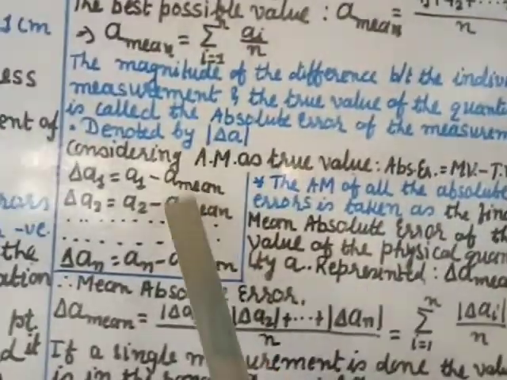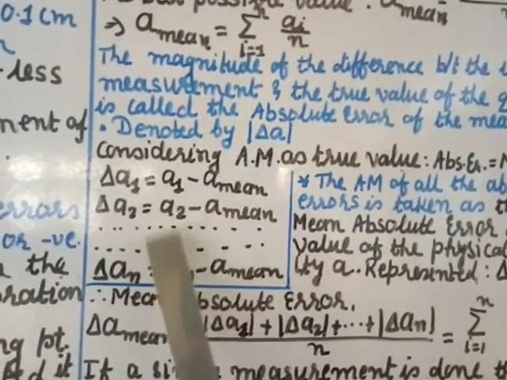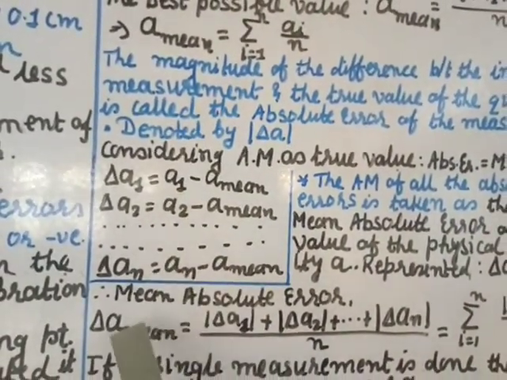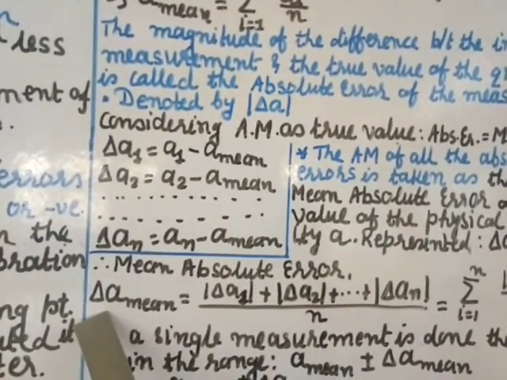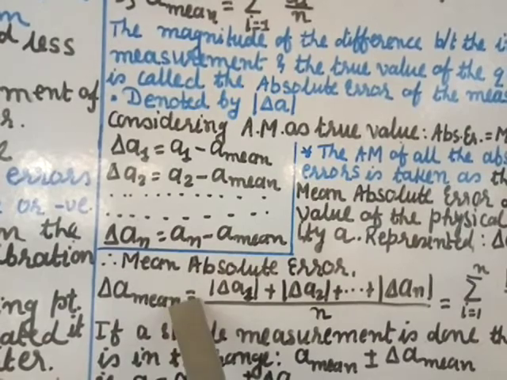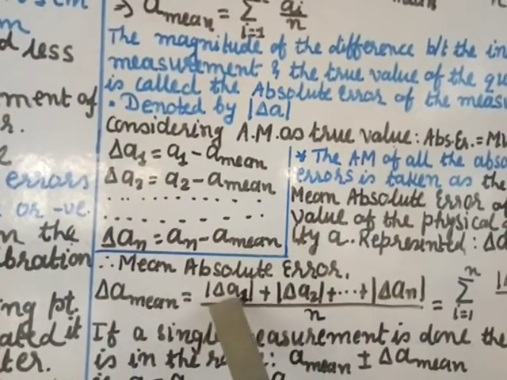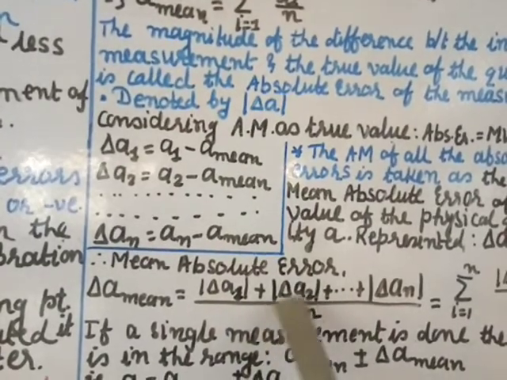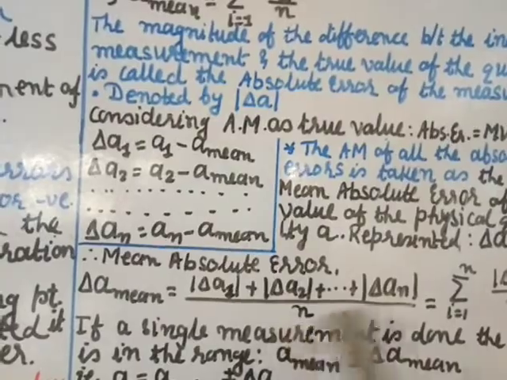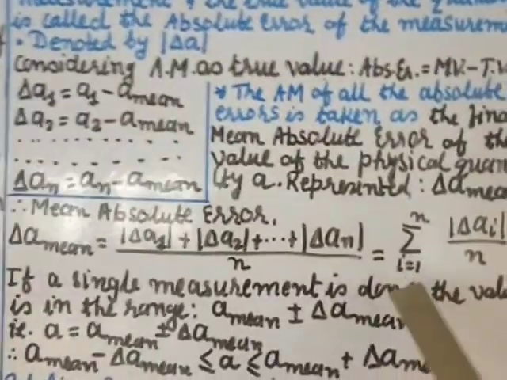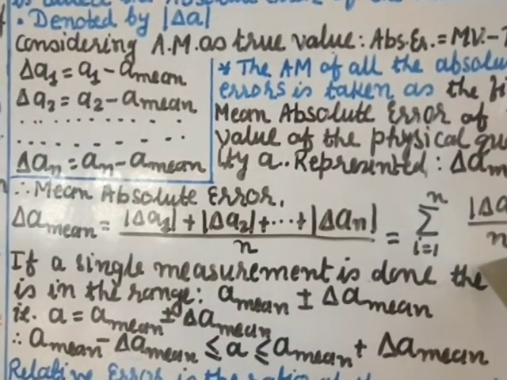So now we take the arithmetic mean of all these absolute errors. That is called the mean absolute error, denoted by delta A mean, equal to modulus of delta A1 plus modulus of delta A2 plus up to plus modulus of delta AN, and there are n observations, so divide by n. Mathematically, it is the sum from i equals 1 to n of modulus of delta Ai, divided by n.